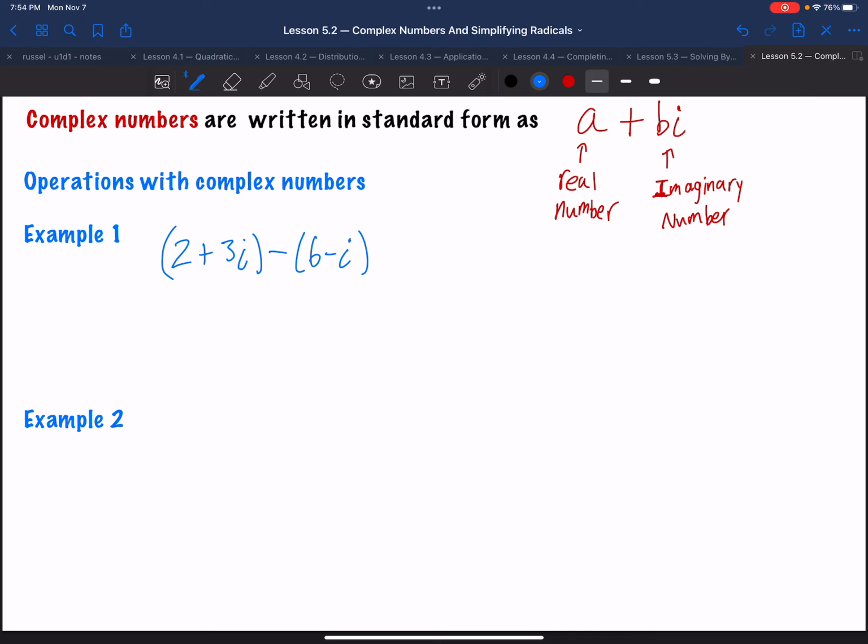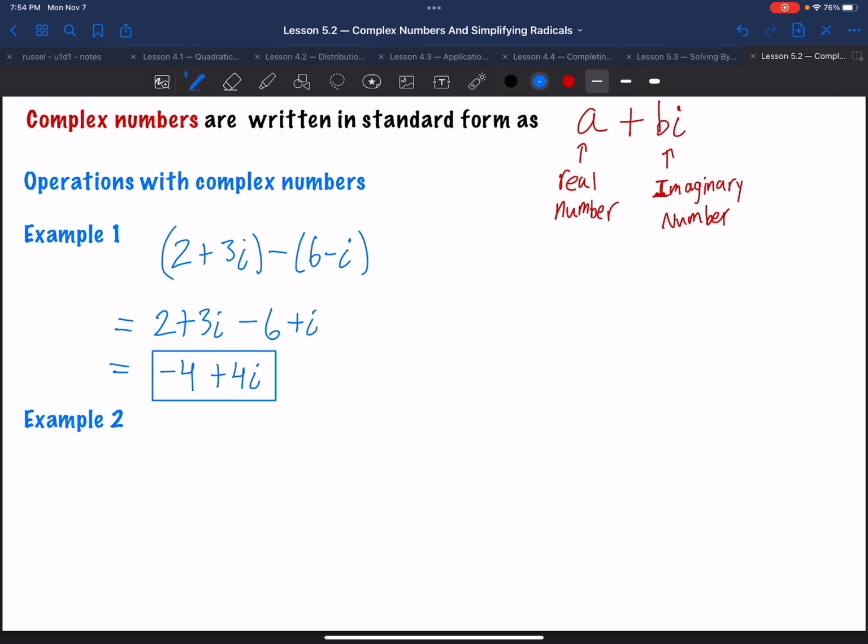You would distribute the negative and say 2 plus 3i minus 6 plus i, because of the double negative, and then you just combine like terms. 2 minus 6 is negative 4, and 3i plus i is plus 4i. And that's it. That's operations with complex numbers. So it's just combining like terms when you do addition and subtraction.